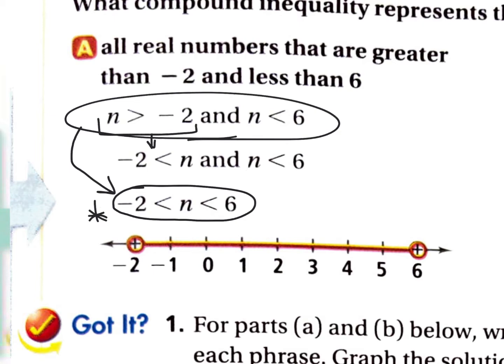So -2 is less than n is less than 6. On the number line, then, if we were graphing that, we would have an open circle at -2 going to an open circle at 6. And we'll talk more about interval notation. We can do interval notation with this, but we'll get into that in a little bit.